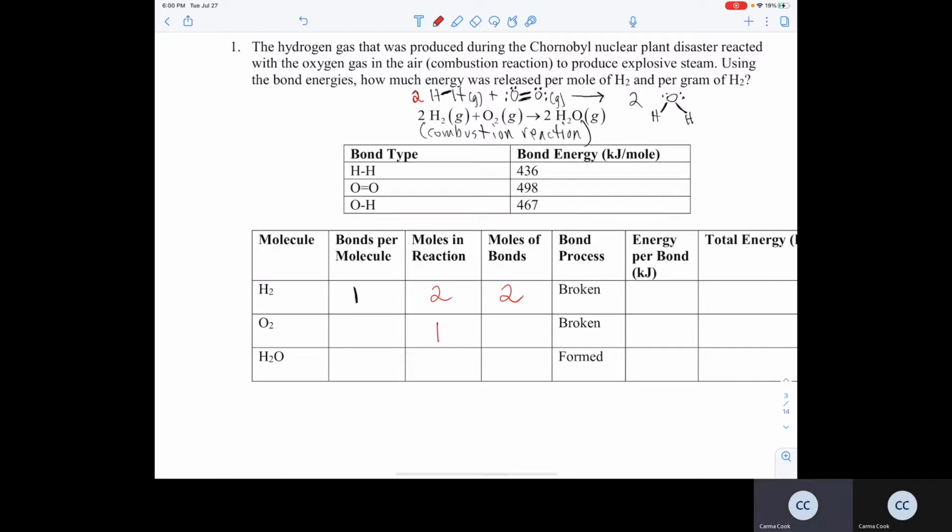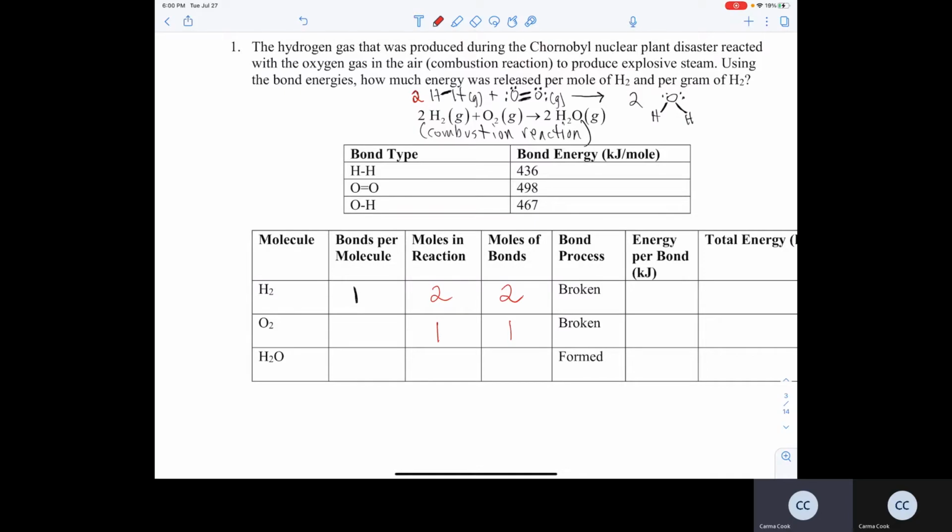In our balanced reaction, our stoichiometry, or the numbers in front of each reactant, tells us how many moles of that reactant or product are involved.